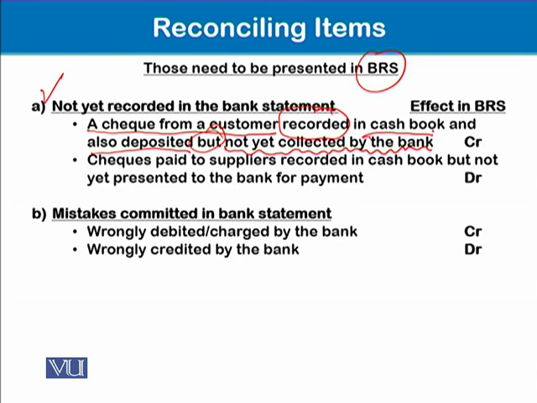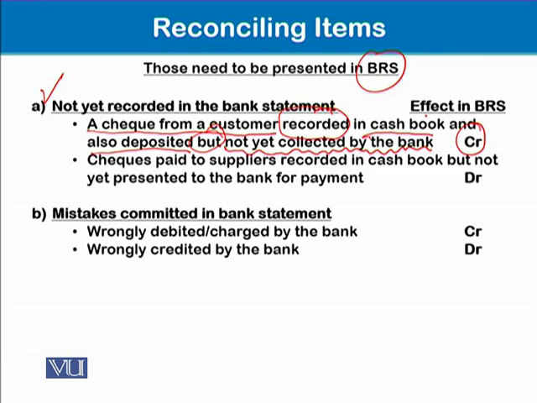So this is something to be credited in the bank reconciliation statement, assuming that you have made an excess debit in your cash book. For this, you will not amend your cash book, rather you will just present this as a working in a separate sheet, which is known as the bank reconciliation statement.